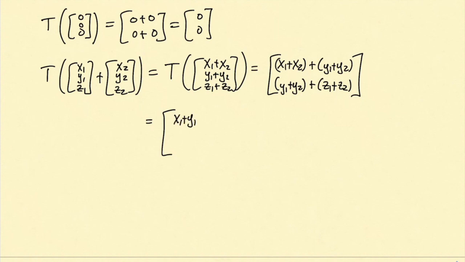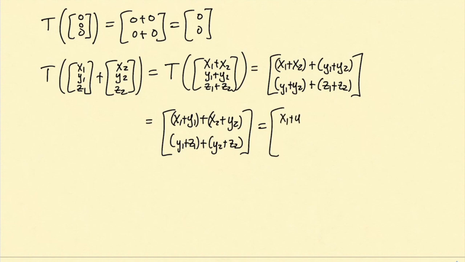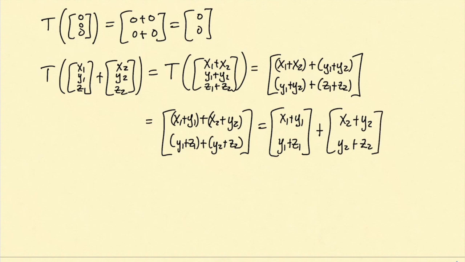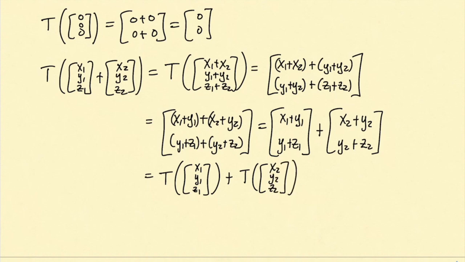Next, we rearrange so that the pieces with the same subscript are grouped together, splitting this into two vectors added together. Finally, we recognize that the first vector is T of x1, y1, z1, and the second vector is T of x2, y2, z2. So we've shown that our function T is indeed additive.